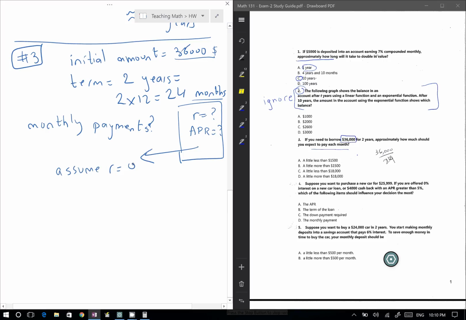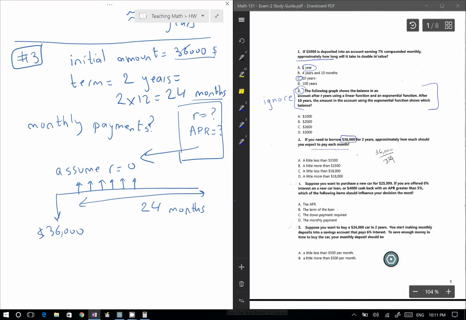So there is a payment of $36,000 that you borrowed, and you have to return it over 24 months. You assume simply that there is no interest, zero interest.